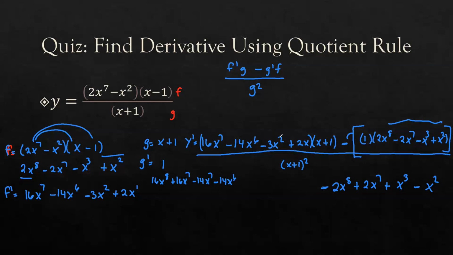Negative 3x squared times x is minus 3x cubed. Negative 3x squared times 1 is, oops, not positive, it's negative 3x squared. And then 2x times x is positive 2x squared. 2x times 1 is 2x. So this is just your numerator.